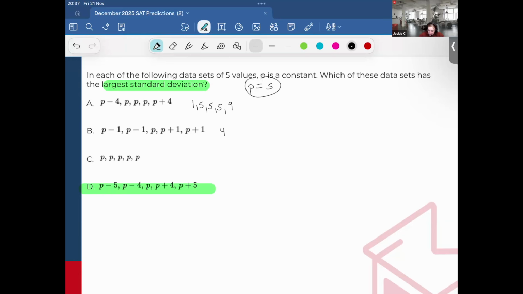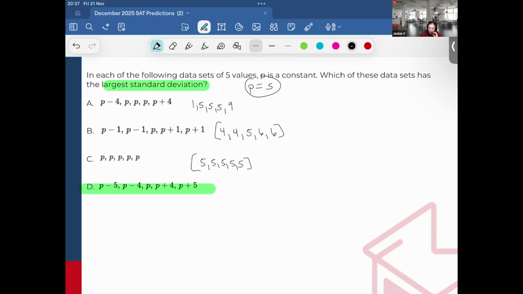B would be 4, 4, 5, and then 6, 6. This is a really low standard deviation. The numbers are 1 away from each other. C would just be 5, 5, 5, 5, 5, which is 0. It has no standard deviation. If all the numbers are the same in the set, there is no deviation.